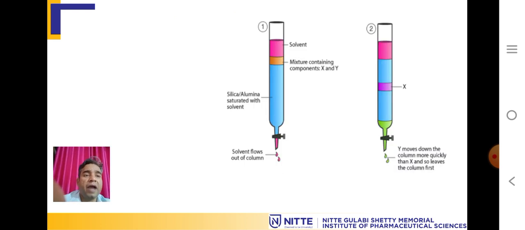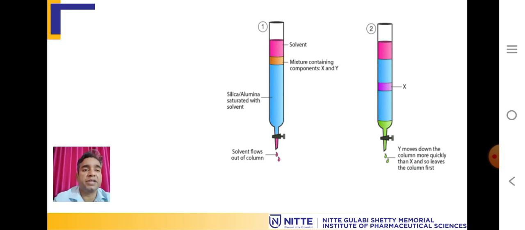So look here, I have put a picture to show how the separation basically happens. There are a number of techniques in which adsorption takes place, but here we have taken column chromatography, which we will learn individually in coming classes.